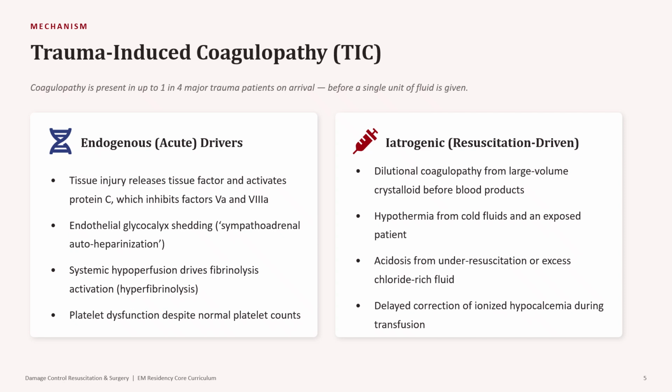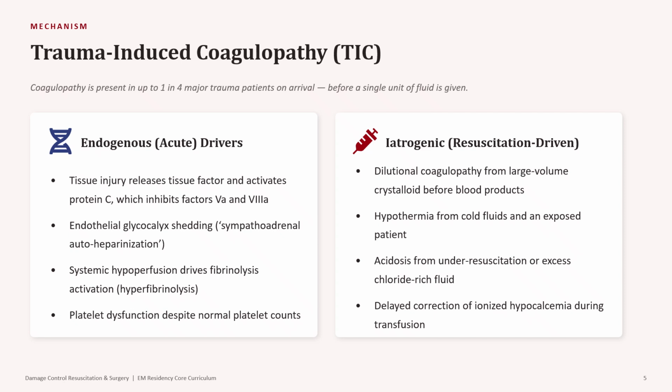So coming to trauma-induced coagulopathy. Coagulopathy is present in up to 1 in 4 major trauma patients on arrival, before a single unit of fluid is given. There are some endogenous drivers, which are acute, and there are some iatrogenic drivers, which are resuscitation driven.